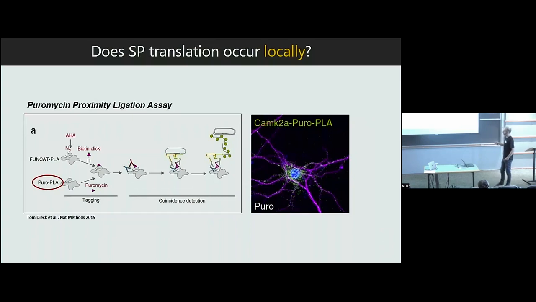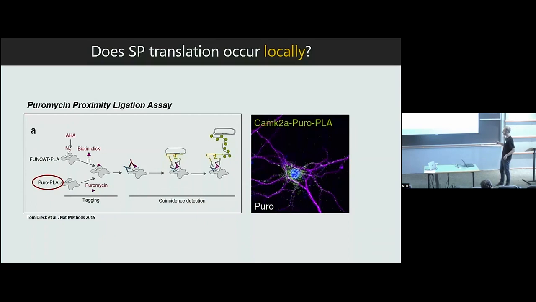Then you fix the neurons and process them for immunostaining using one antibody against puromycin and one antibody against an epitope of your protein of interest, in our case synaptopodin. Because of the proximity between the two antibodies, you can generate a specific signal by using PLA probes conjugated to oligonucleotides.